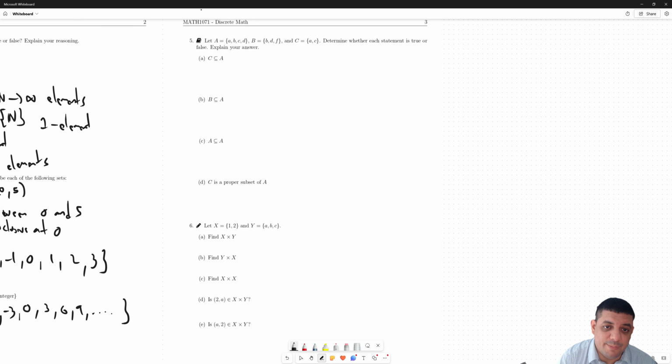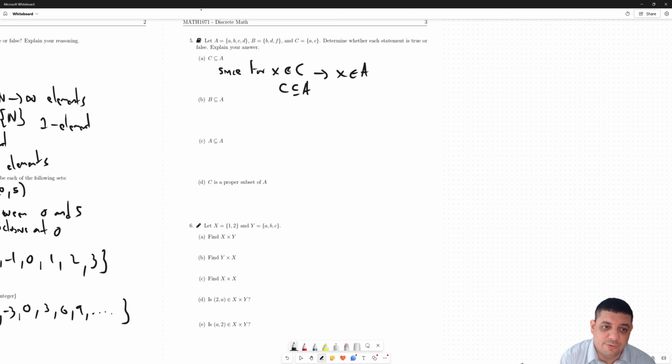Notice that every element in C is an element in A. Since for x in C, we have that x belongs to A, then C is a subset of A. Is B a subset of A?